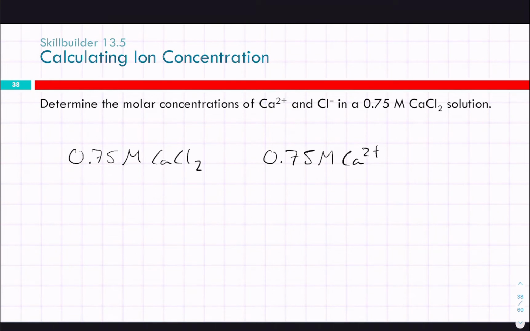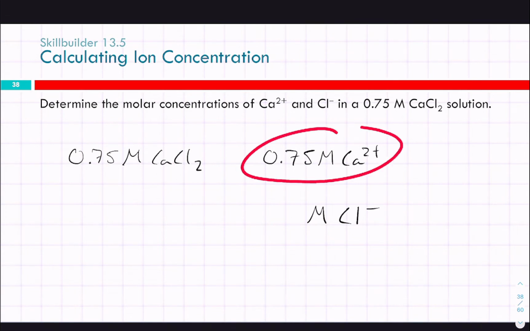Right? So this is saying that we have 0.75 moles of calcium chloride units, but in the solution those break apart. So we're only getting 1 calcium. So it's this concentration times the 1 calcium gives us 0.75 molar. So what would the concentration of the chloride ions be? If we take the 0.75 and multiply by the number of calciums, that gives us 0.75.